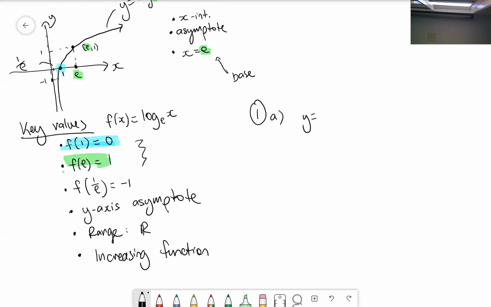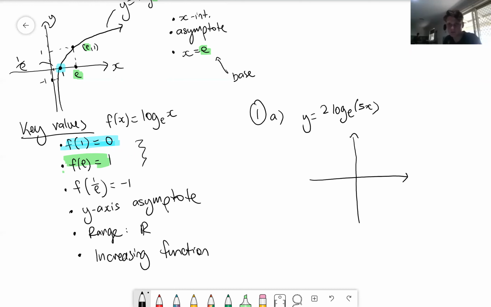So I've got y is equal to 2 log to the base e of 3x. What would the asymptote be here? This is a 3, but the asymptote would still actually be this y-axis here.